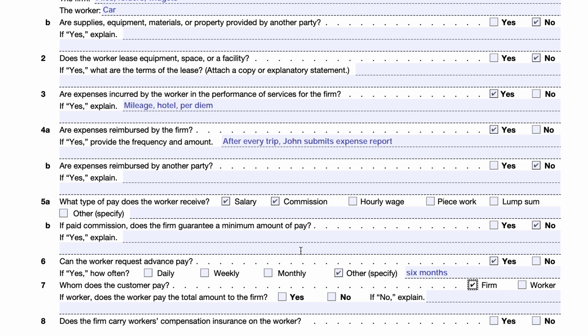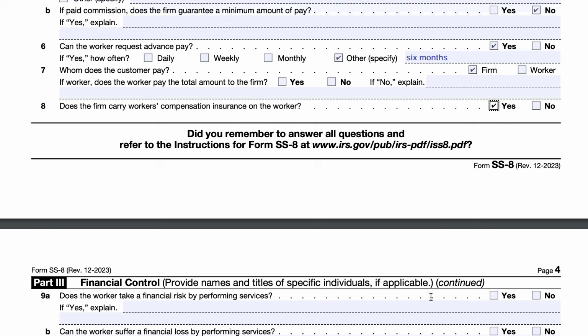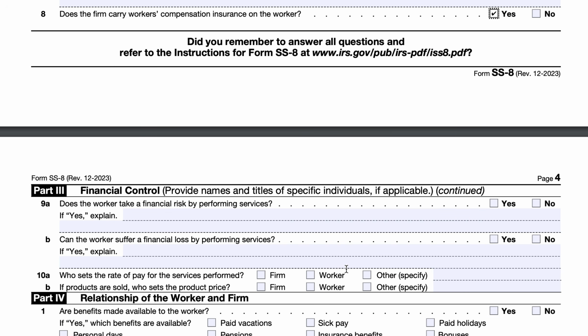Does the firm carry workers' comp on the worker? Let's just say they do. Does the worker take a financial risk by performing services? Maybe. I don't know. Can John suffer a financial loss?